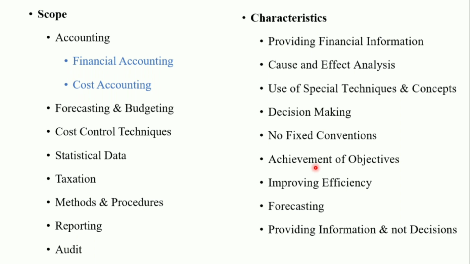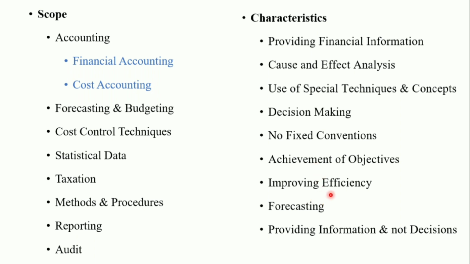If there is a deviation of the actual from the predetermined result, corrective action is taken and predicted objectives are achieved. This becomes possible with the help of management accounting techniques of standard costing and budgetary control. That's why it helps in achievement of objectives. That is another important characteristic of management accounting.